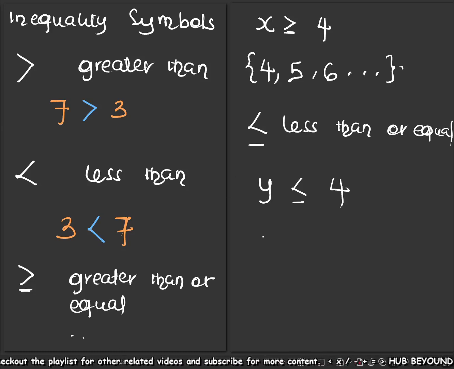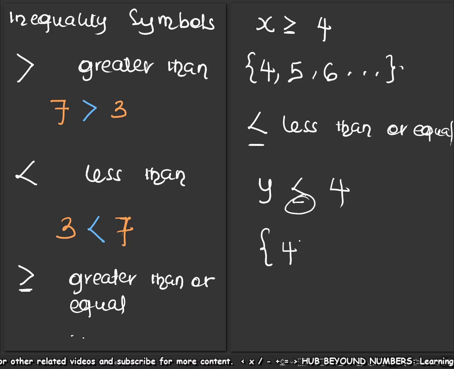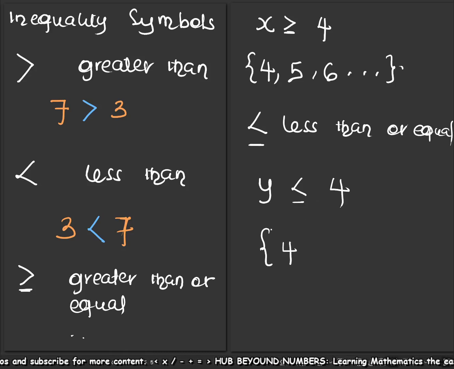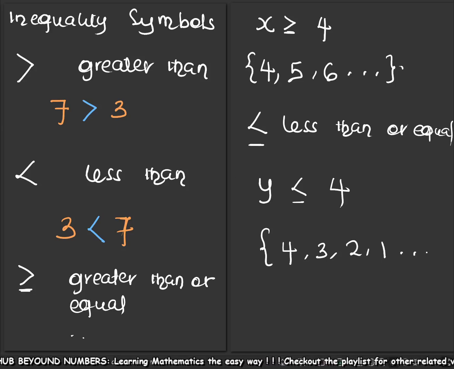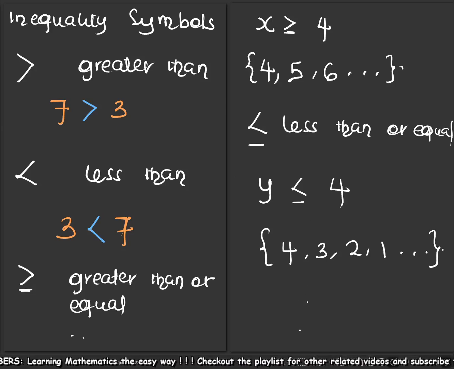My set is going to start from 4 because I can see the or equal to there. Then the remaining numbers are those less than 4, so I take my 3, 2, 1, and it goes on and on. These are the symbols that we use in inequality.